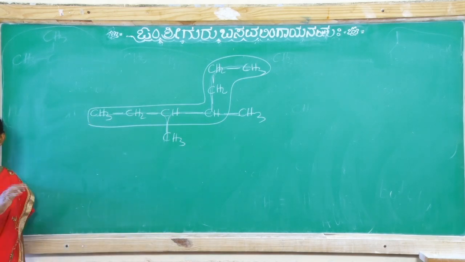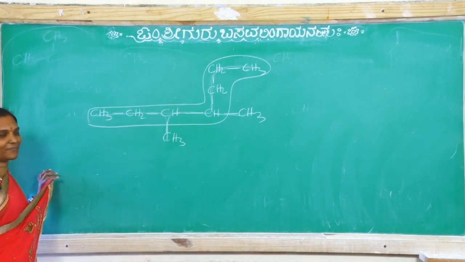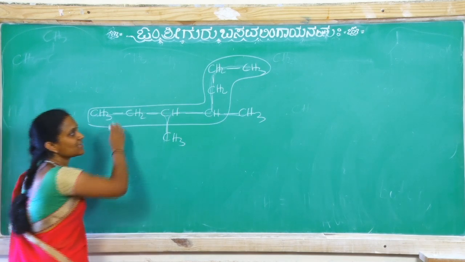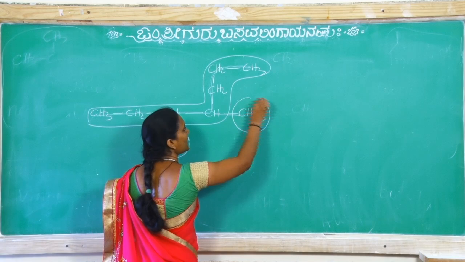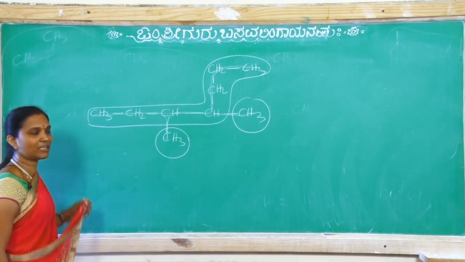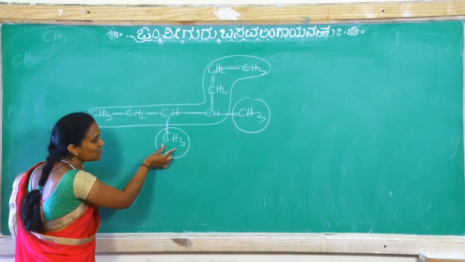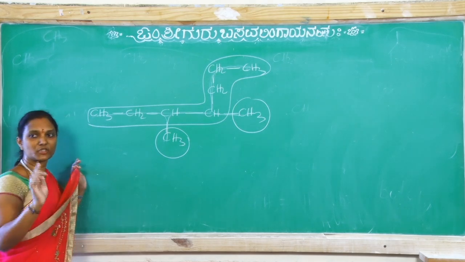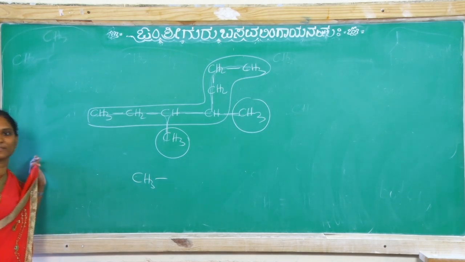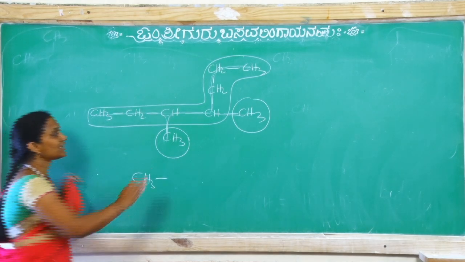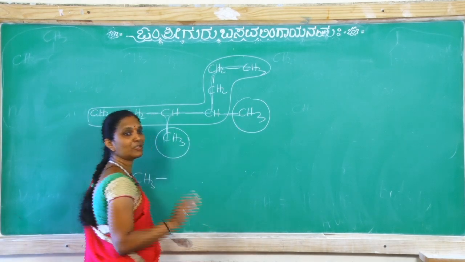Okay. First select the parent chain. Now give the numbers. This is the parent chain, which means these are branches. This is one branch, this is one branch. Now what is the name of this branch? First see this one, CH3. A CH3 branch is given. What is the name of this branch? Methyl. How many methyl groups are given? 2 methyl.